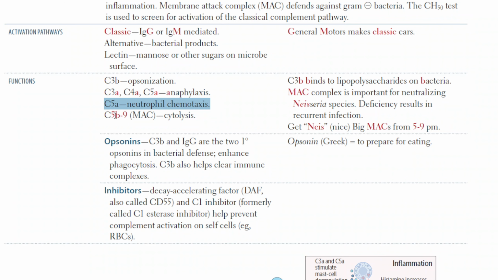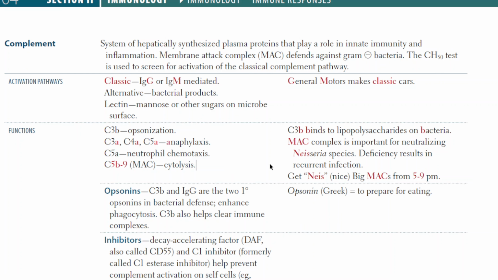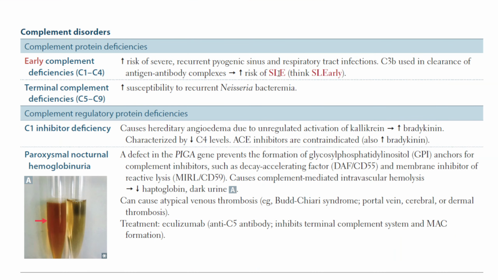Remember, C5b to C9 is the late part of the complement system and is associated with cytolysis and Neisseria infection. And remember the first part, C3, C4, and C5 deficiency, is associated with lupus, as you can see here.